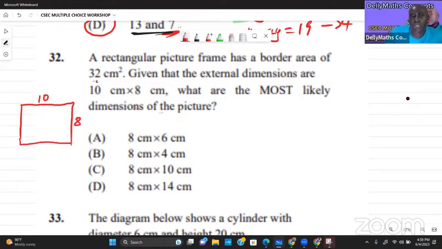So I put the external 10 and 8. What are the most likely dimensions of the picture? The picture they're talking about here.